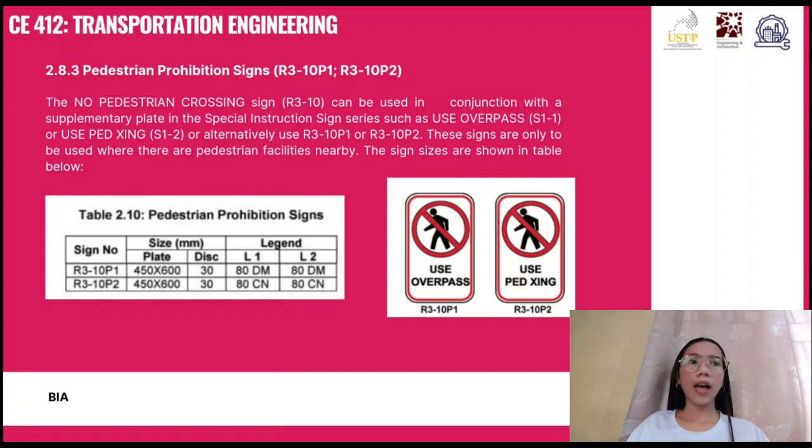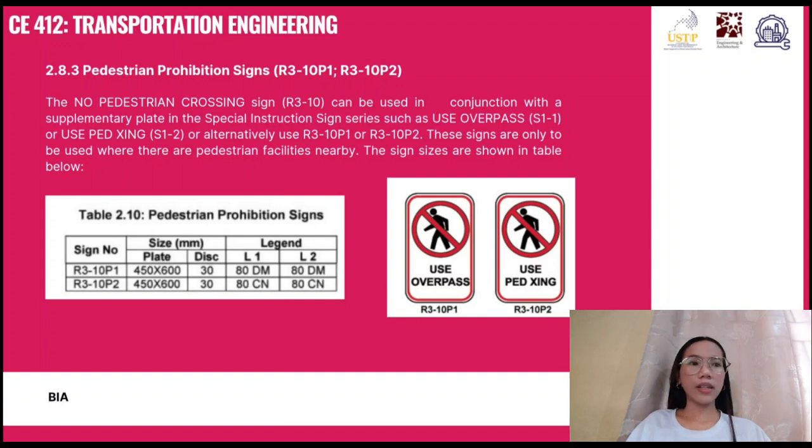So kani diri the no pedestrian crossing sign R2-3-10 can be used in conjunction with a supplementary plate or special instruction sign, such as use overpass, kana S1-1. Makita ninyo dira no? Or use fencing, ana S1-2, or alternatively use R3-10P1 or R3-10P2.